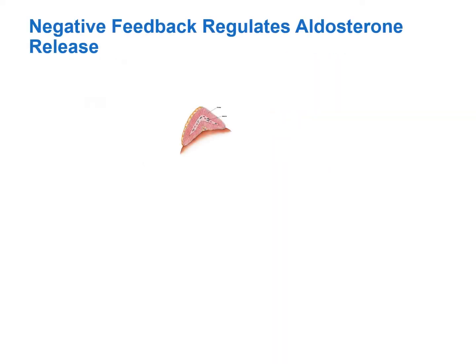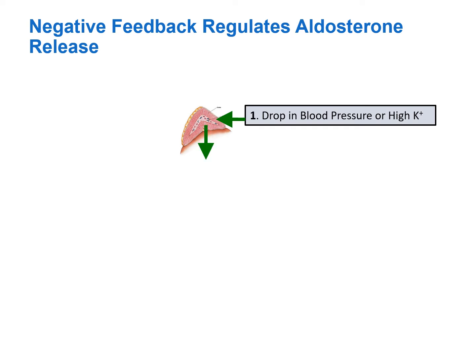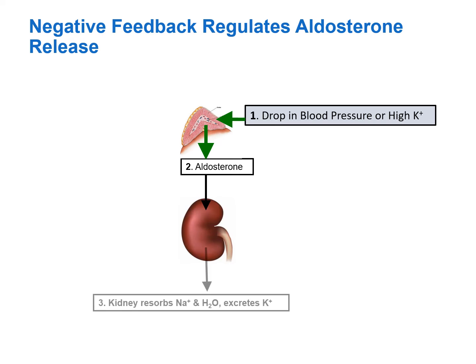This brings us to regulation of aldosterone, which of course is by negative feedback. A drop in blood pressure or high blood potassium causes the release of aldosterone. Aldosterone then targets the kidneys, causing the kidneys to reabsorb more sodium, chloride, and then water follows. So we have an increase in reabsorption of water. I said that sodium is reabsorbed at the expense of potassium, so potassium is excreted.